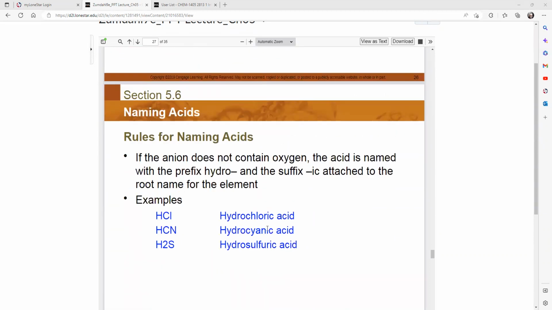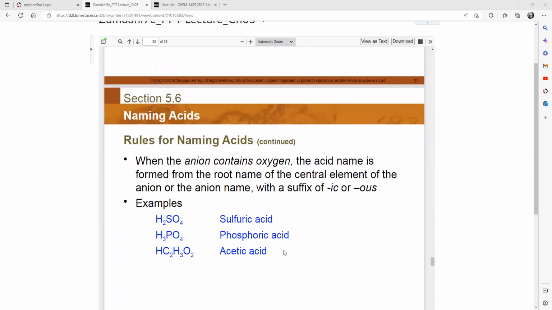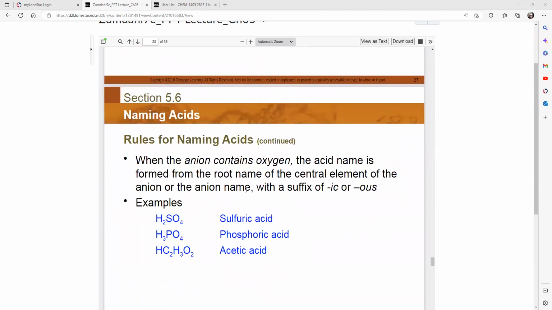For example, hydrochloric acid, hydrocyanic acid, or hydrosulfuric acid. How can you name compounds when they contain a polyatomic ion? Well, the root of the name is sulfate. The ate changes to ic. Then you say sulfuric acid.